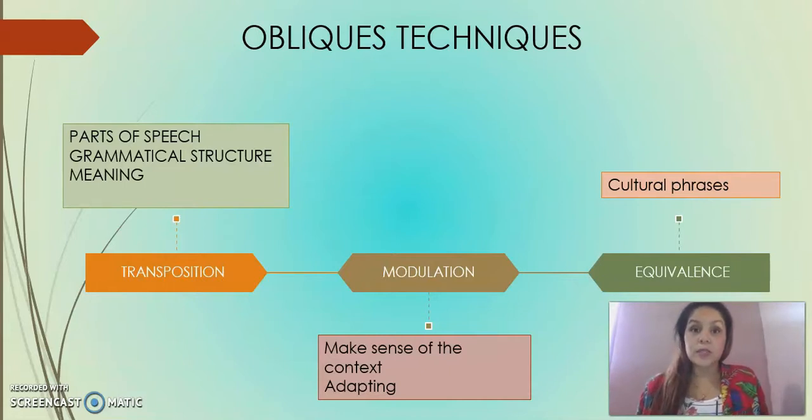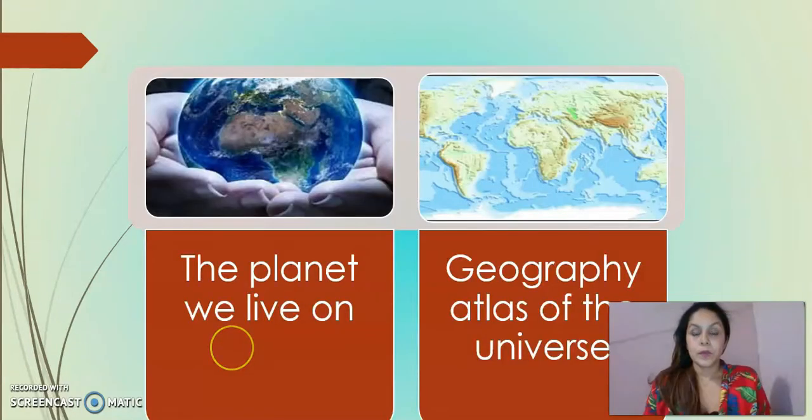Modulation consists of using a phrase that is different in the source and target languages to convey the same idea. These techniques make sense of the contents and adapt the message. Equivalence expresses something in a different way that is familiar or appropriate to another culture.